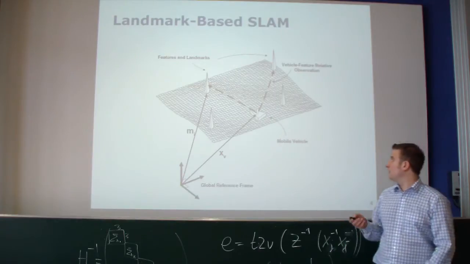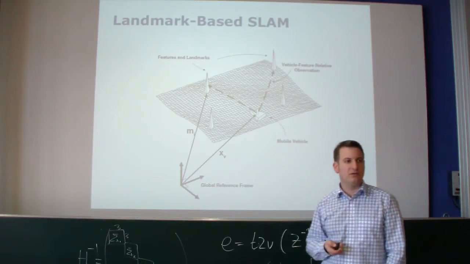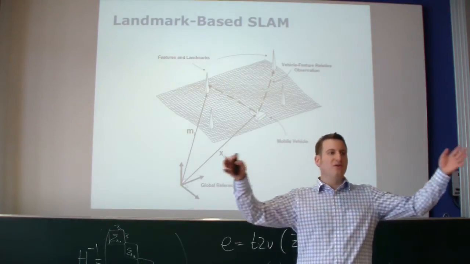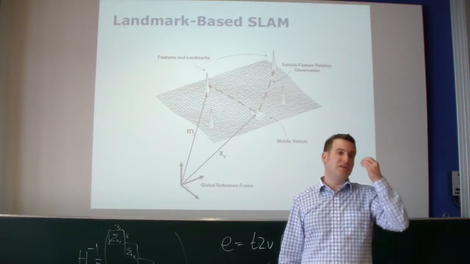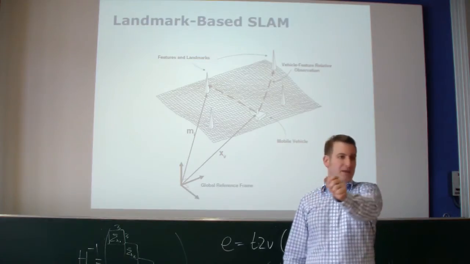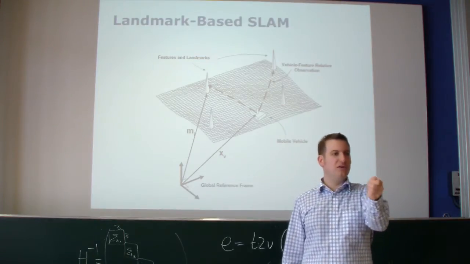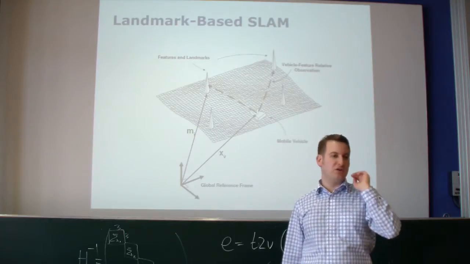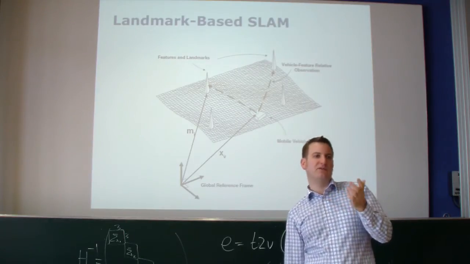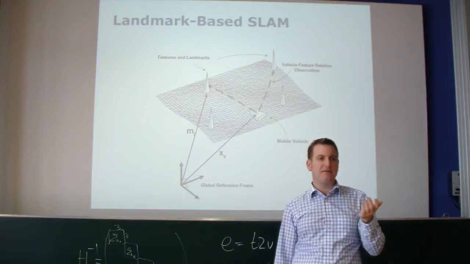You can also have range information only, depending on your sensor, or bearing information only, which is an example for visual sensors, where you only know the angle in which you observe the feature in your camera image, but you have no information about how far away it is, because a single camera image doesn't provide the depth information.